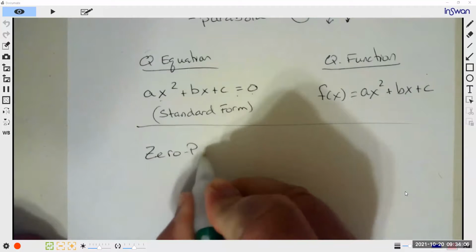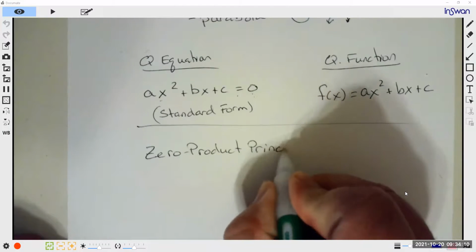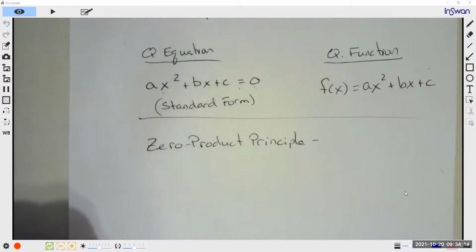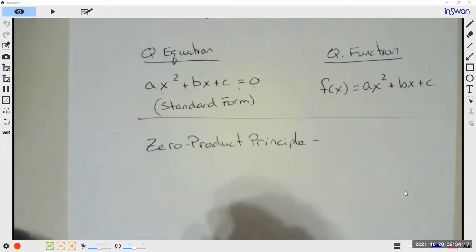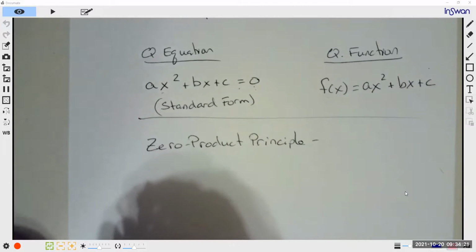The zero product principle. The zero product principle pretty much goes with the standard form.